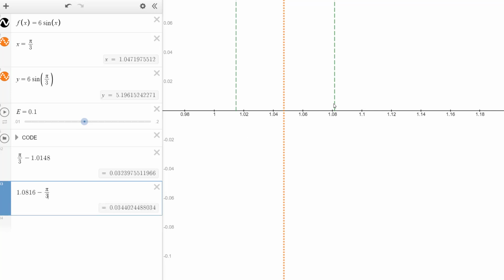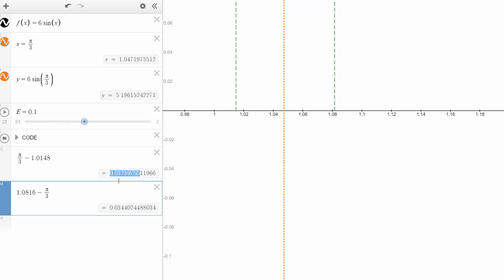Now, if you look at those two deltas, the distance from the orange vertical line and the green vertical line here is the second delta, 0.0344. And the distance between the orange line and the leftmost green vertical line is the top one right here, 0.03293.